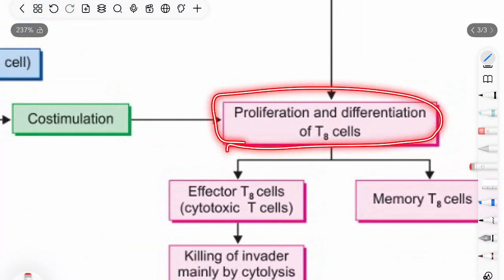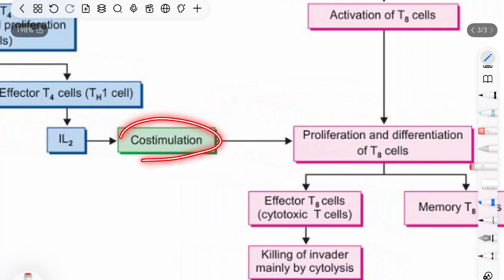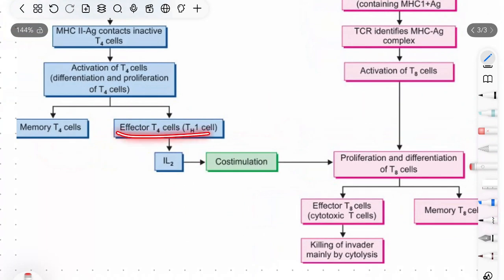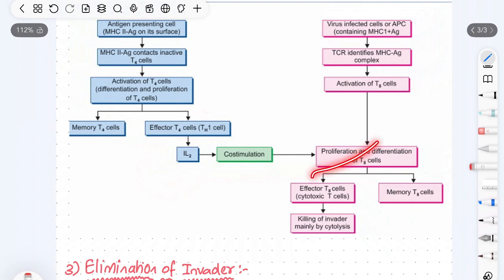In this differentiation and proliferation, co-stimulation with the help of interleukin 2 takes place. Effector T4 cells release interleukins which help in co-stimulation of proliferation and differentiation of T8 cells. After this, T8 cells get divided into effector cells and memory cells.